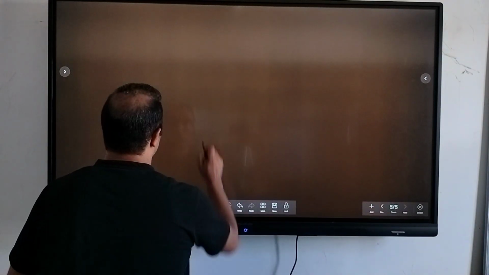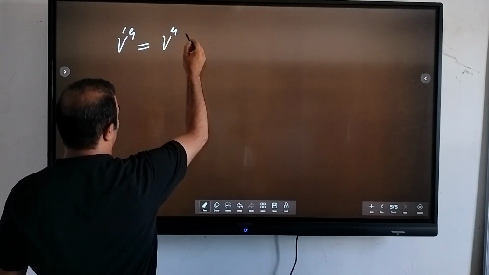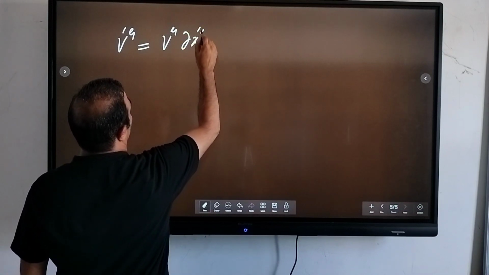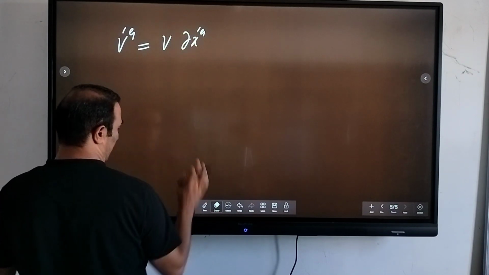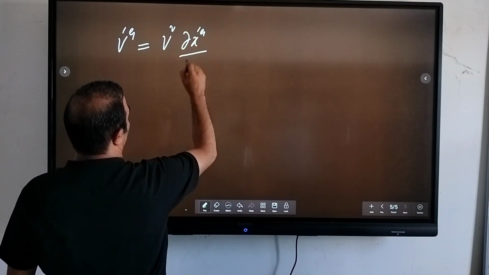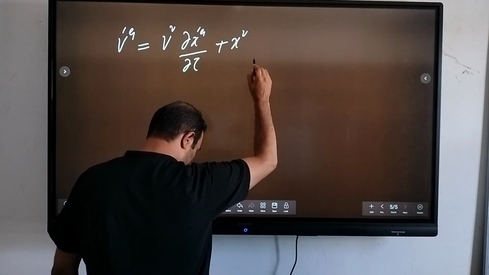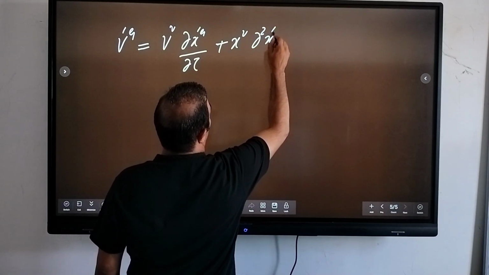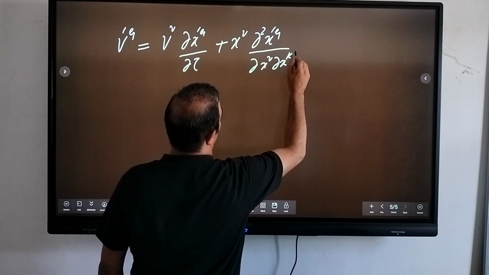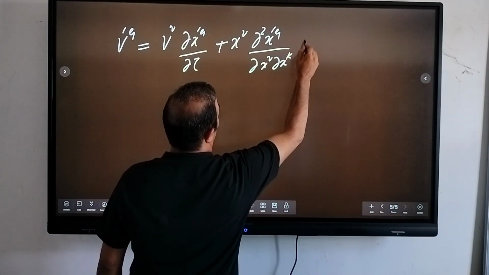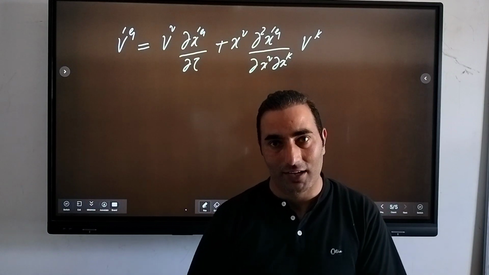You can write this as v prime nu equal to v nu, so sorry, it is nu here, then partial of tau plus x nu, partial of x prime nu by partial x mu, partial x k by partial tau. That basically gives us the velocity, having rank k.